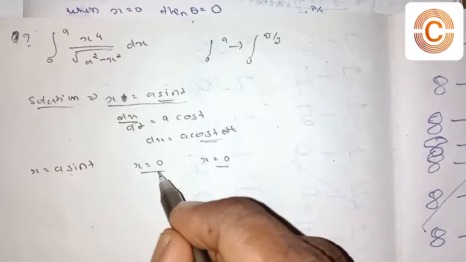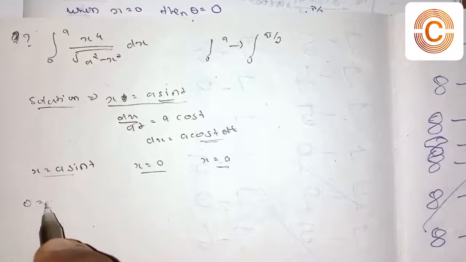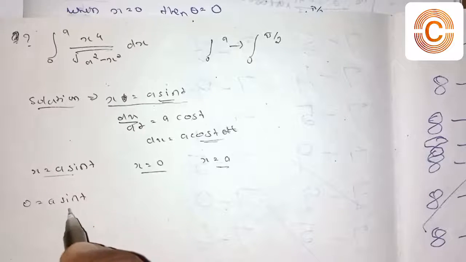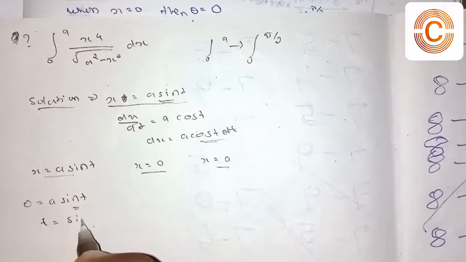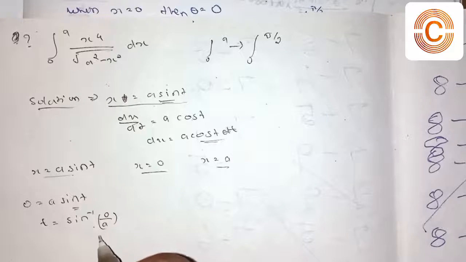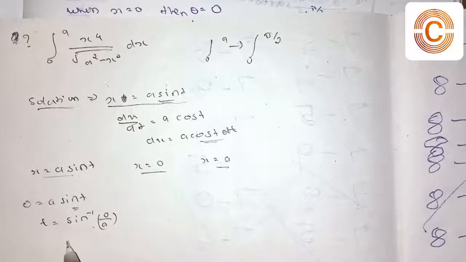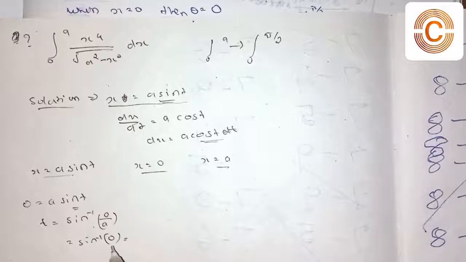When x is equal to 0, then 0 is equal to a sin t, so the value for t is equal to sin inverse of 0 divided by a, that is sin inverse of 0, which is equal to 0, since sin 0 is equal to 0.